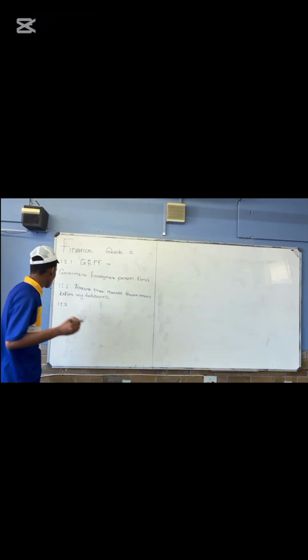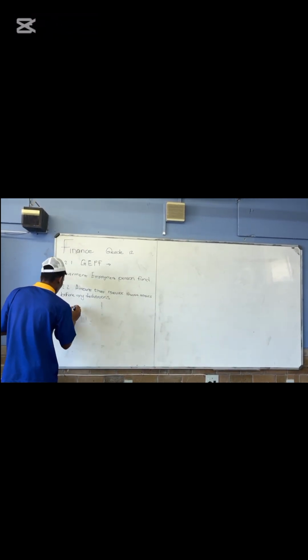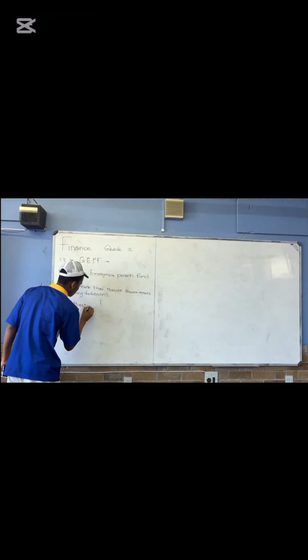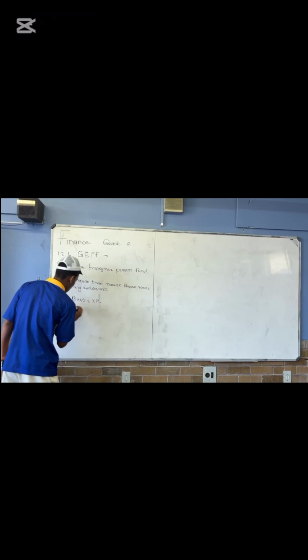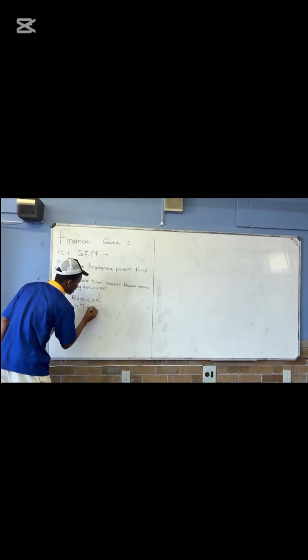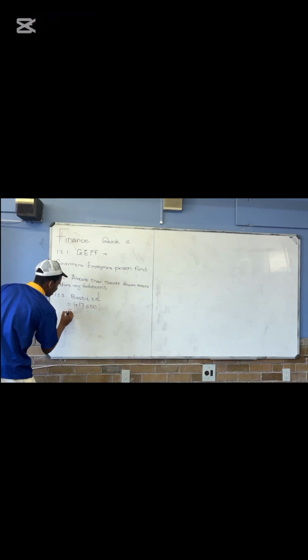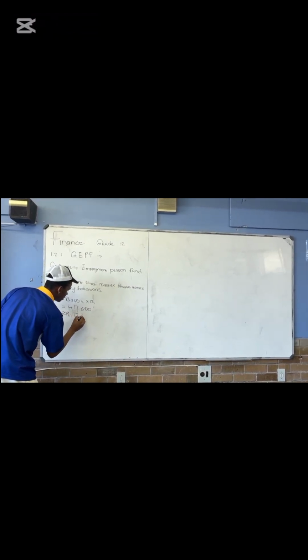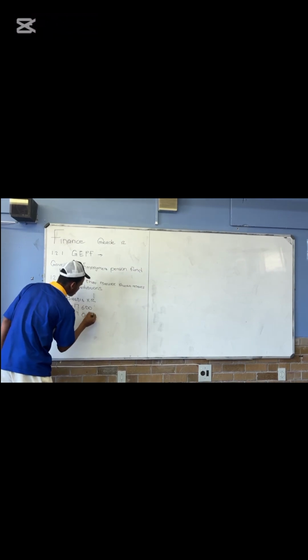So I would say basic multiplied by 12, which gives me 417,600. I round it off, and it gives me the salary that we're given on the contract.